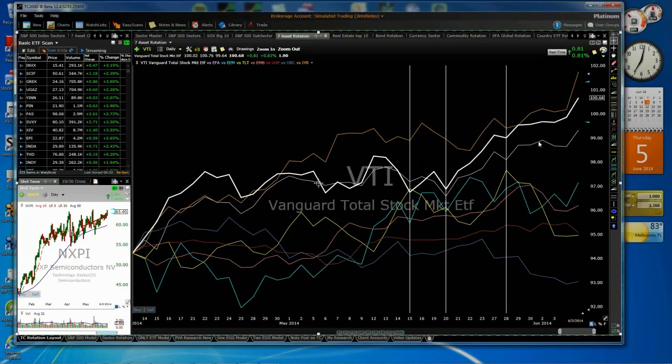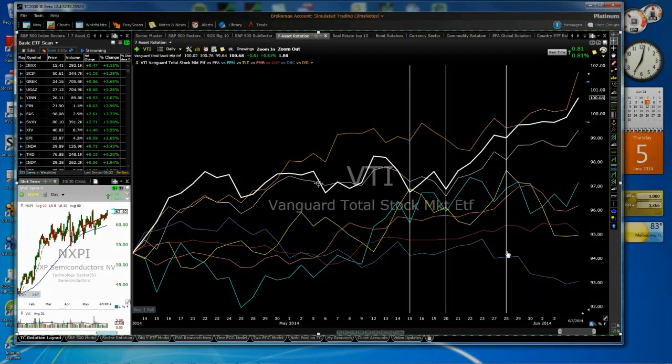The light purple line is the EFI index, which is EFA. Turquoise is EEM, which is the emerging markets, and then you've got emerging market bonds. Then you have UUP, which is the dollar, TLT, which is treasury bonds, and DBC, which is commodities. Those are your 7 asset classes that make up pretty much every investment class.